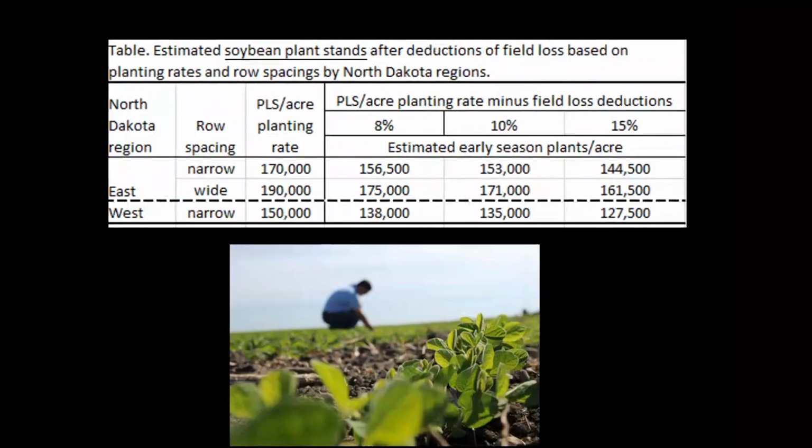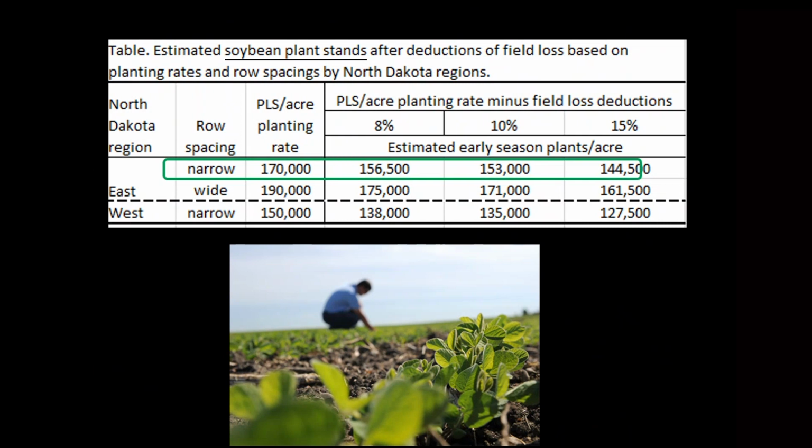To take it a little bit further, we were talking about pure live seed planting rates. Now this shows actual stands based on this summary information. So soybean plant stands after deductions of field losses, even when you plant on a pure live seed basis. Not all those seeds develop into viable plants, do they? So we're going to use 10% as the loss besides the pure live seed.